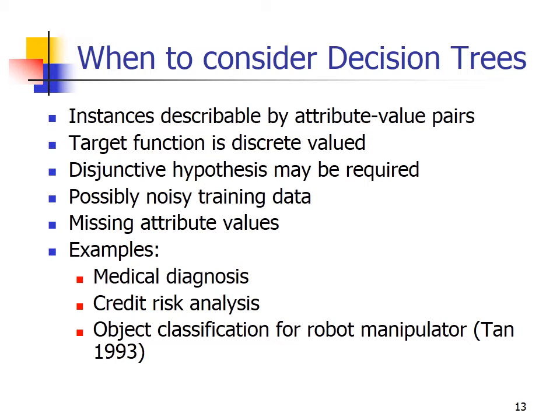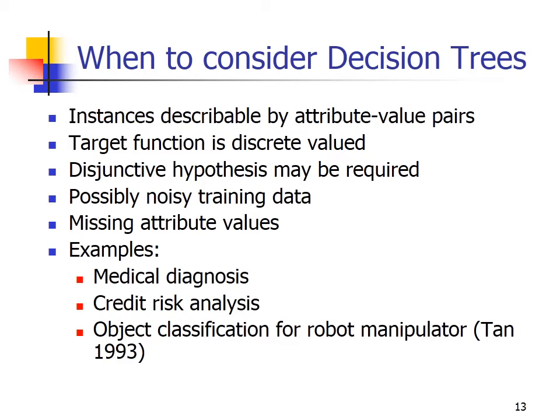When to consider decision trees? Instances describable by attribute value pairs. Target function is discrete valued. Disjunctive hypothesis may be required. Possibly noisy training data. See, instances are describable by attribute value pairs.